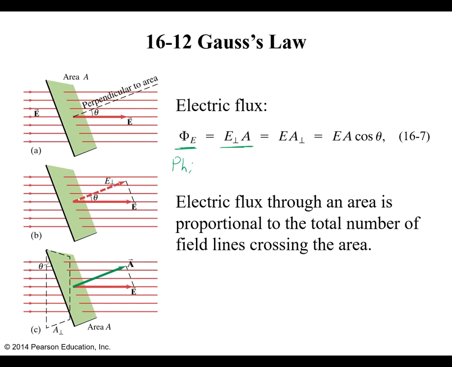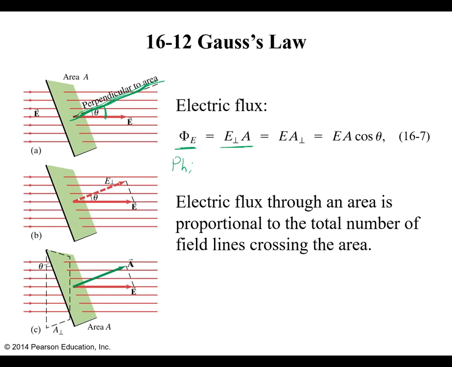An electric field is moving to the right, and you have some area that's tilted. Well, the first thing we're going to do is draw a line that is perpendicular to the surface area itself. Okay? And then we're going to measure that angle between that perpendicular line and the electric field itself.